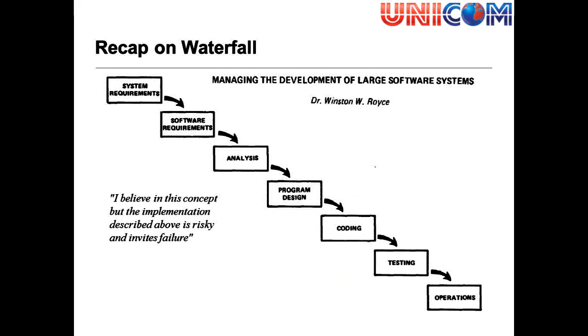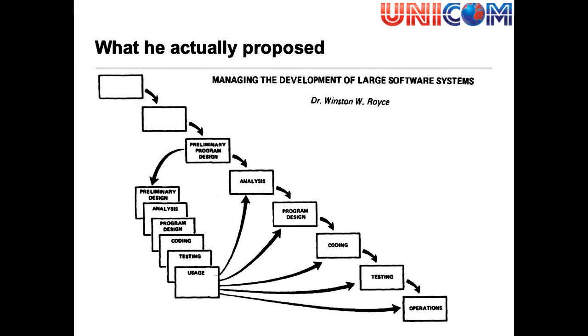If you read on in the white paper, what he's actually describing is something more akin to the Agile way of working, an empirical process where you create something, get feedback and then iterate. It's almost as though people took the first page of the white paper and said, okay, this is how we should do it. But if you read on, this is actually what he was proposing.